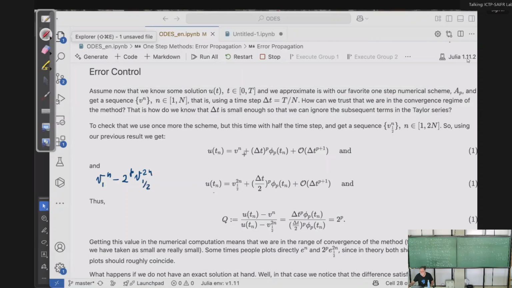So you subtract these two, and this gives you u(t) times a factor 1 minus 2 to the p, plus some error of order delta t to the p plus 1. Right, so now if you rewrite this, you get u(t) is equal to 1 over 1 minus 2 to the p times this factor here.